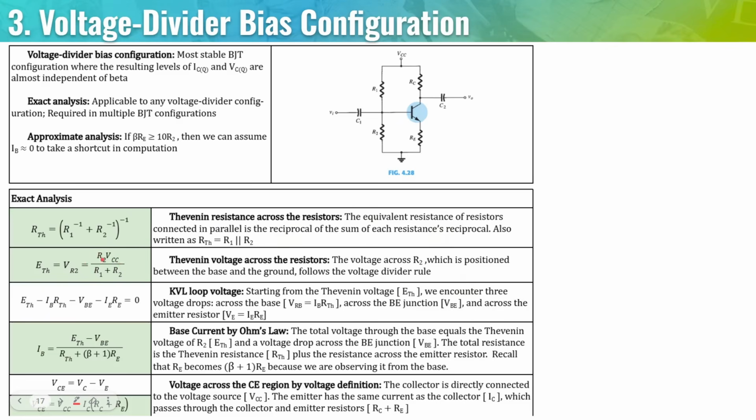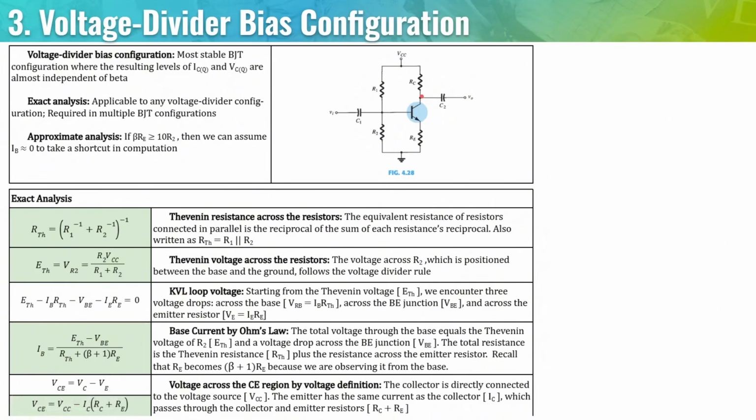So we're going to use R2 for the numerator and R1 plus R2 for the denominator. If you're wondering, can I use R1 instead of R2 for the numerator? The answer is no. You need to use R2 specifically because it's connected between the base and the ground.